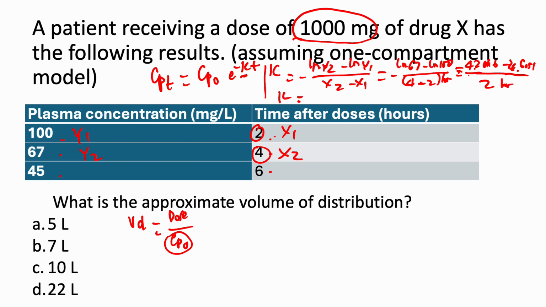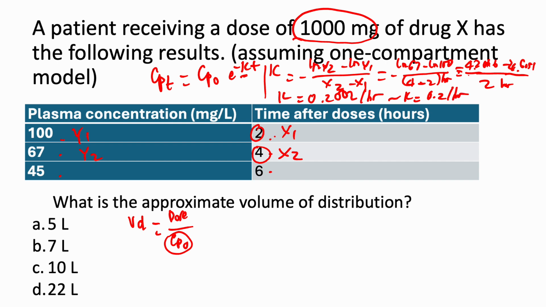So the K I will have equal to K equal to 0.2002 per hour, or equal to K equal to 0.2 per hour.